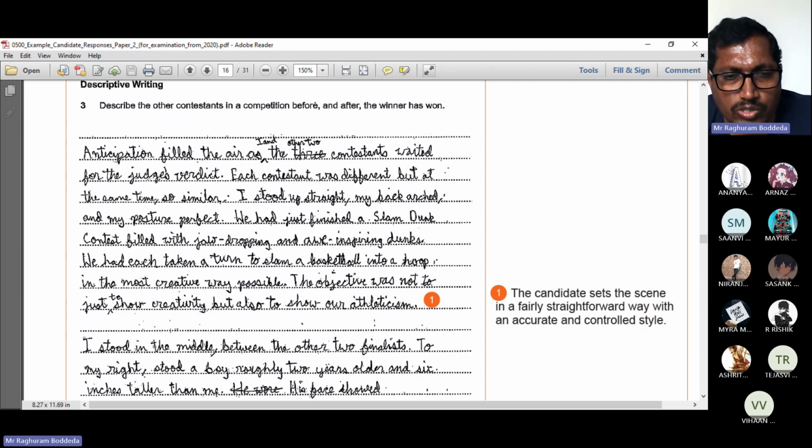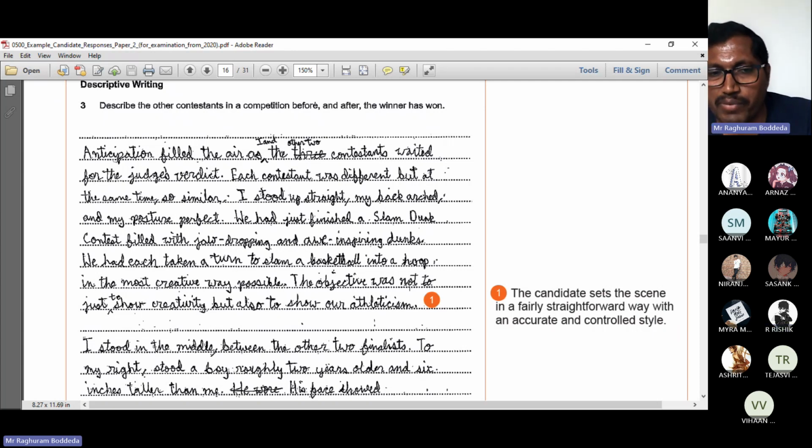We need to look at how the competition level was shown. Look closely at how the details are written by this student, without hesitation, putting things straight, not beating around the bush, and directly bringing things to the audience, engaging them.